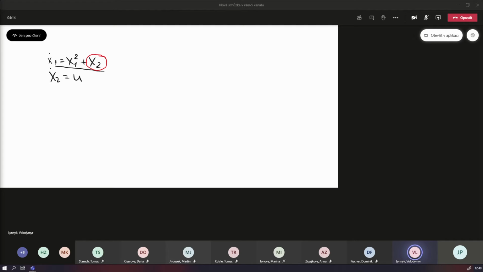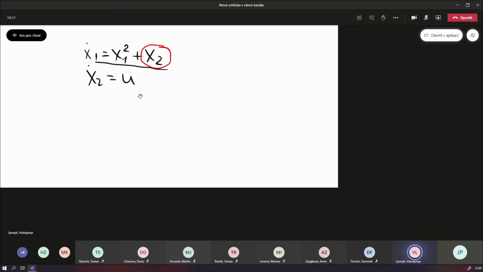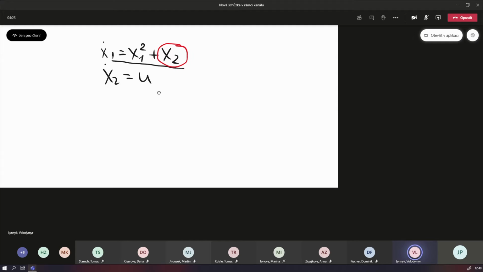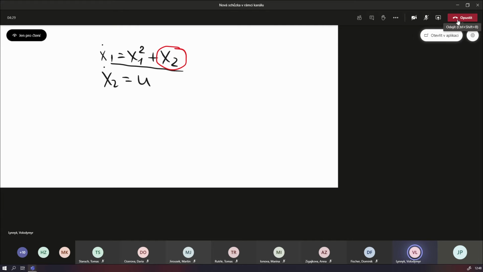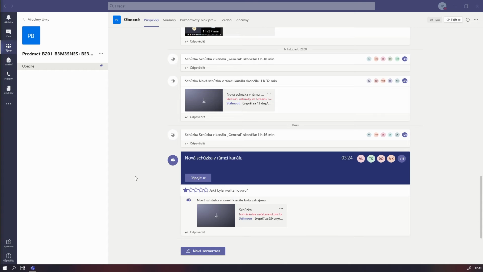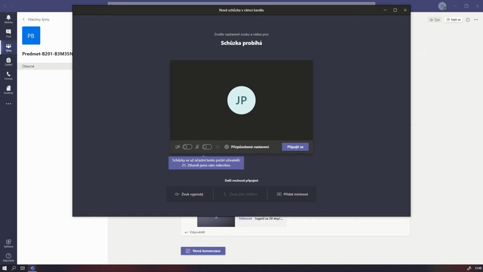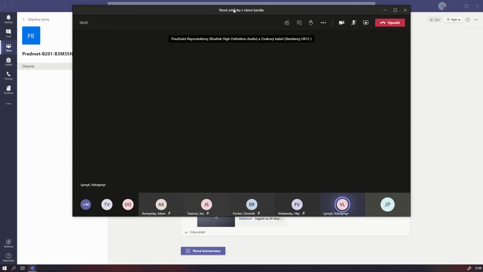x1 dot. Okay, u tilde equals what we need. We need to cancel this nonlinear term x1 squared and put some control in this first row.